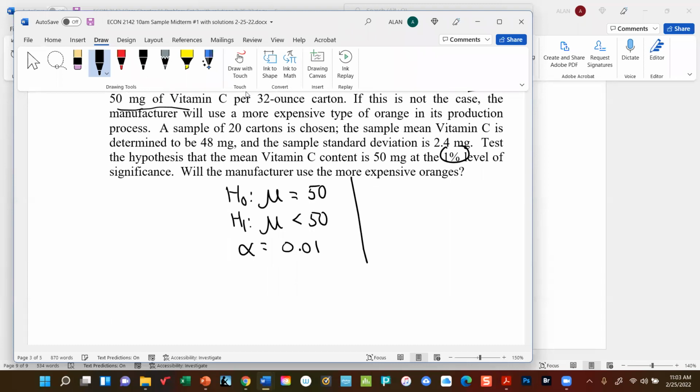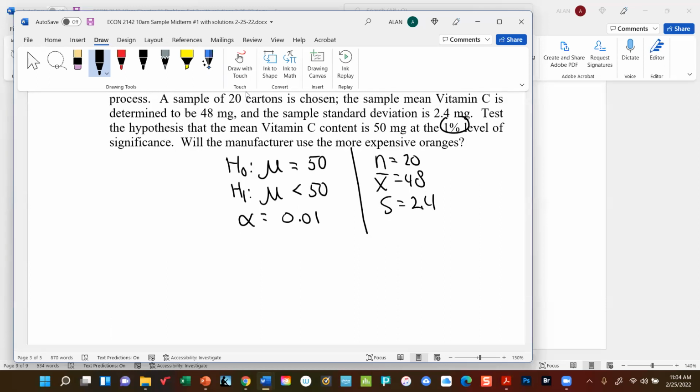So let's look at the data they gave us. We have 20 cartons, x bar is 48, and the sample standard deviation is 2.4. So we're going to test this hypothesis. We can do it in a couple of ways. We can use the test statistic and critical values.